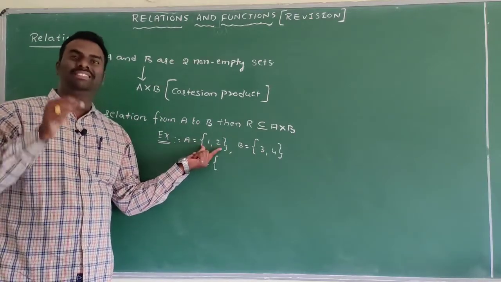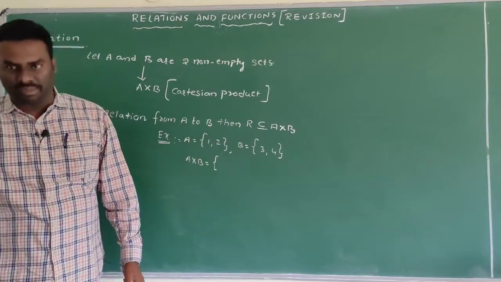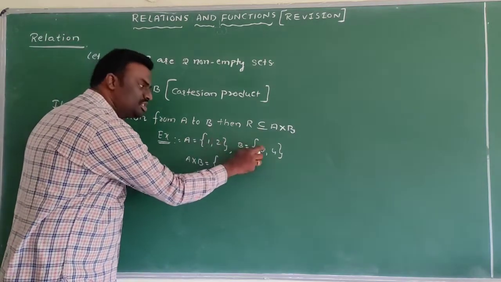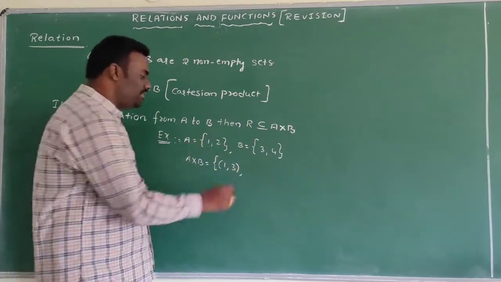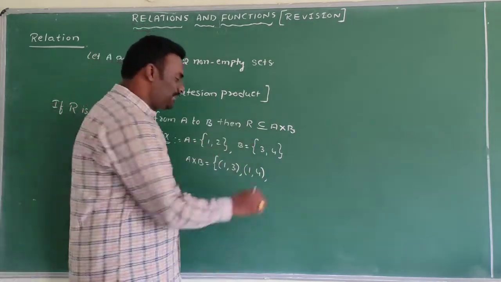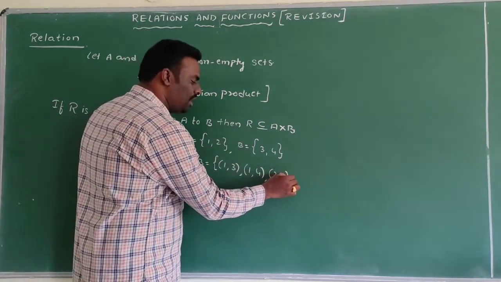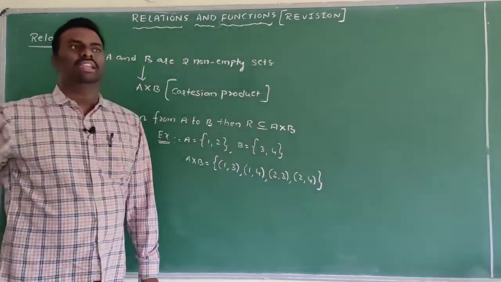Every element in set A is related to every element in set B. Now 1 is related to 3, then the pair will be (1, 3). 1 is related with 4, then (1, 4). 2 is related with 3, then (2, 3). And 2 is related with 4, now (2, 4). This is the Cartesian product.